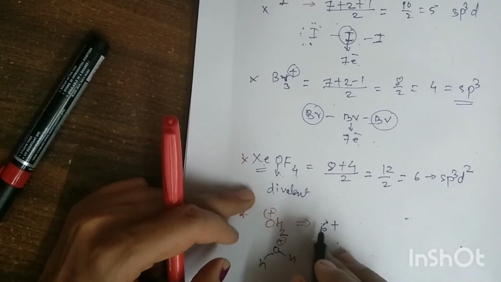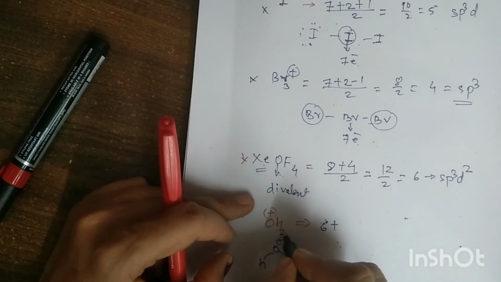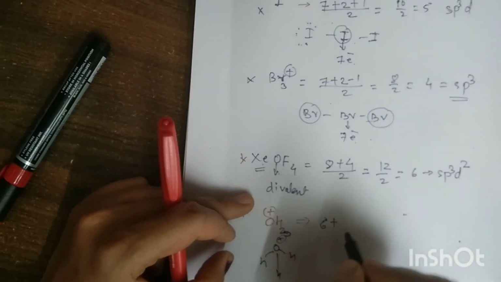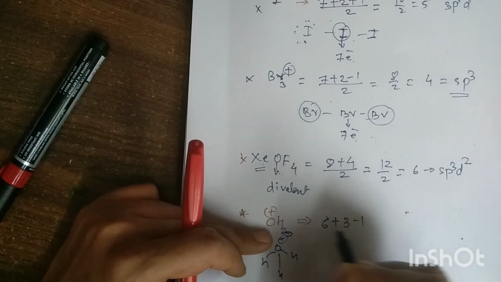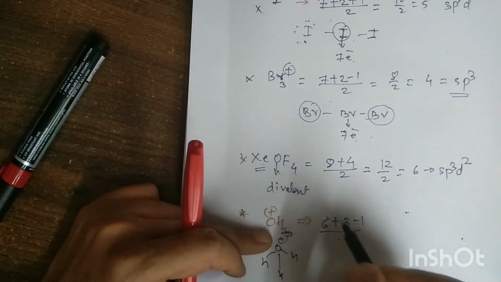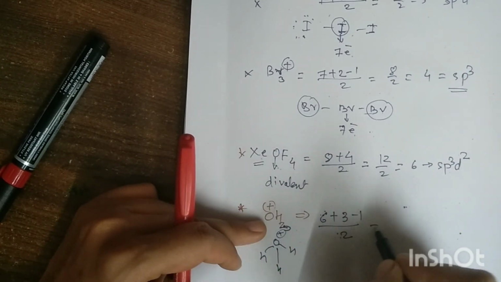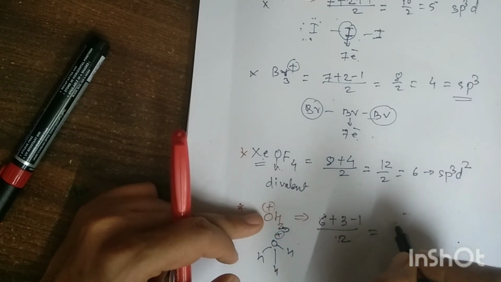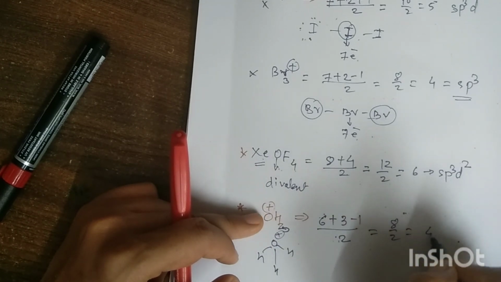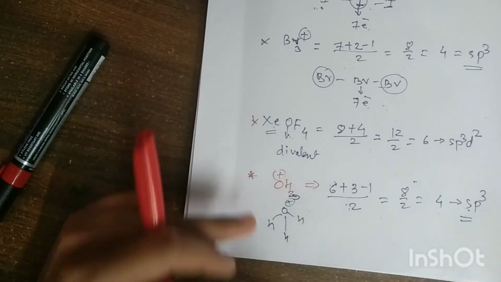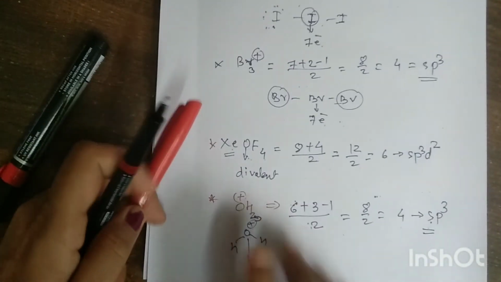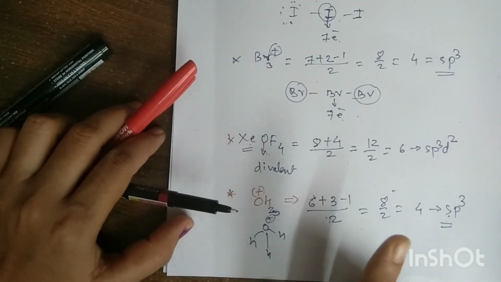Sorry, here we have taken OH3, so 3 hydrogen, minus 1. Why? Because this is a plus charge, we have subtracted. What we get is 8 divided by 2, that is 4, and this forms sp3. In this way we can calculate the hybridization of any compound.